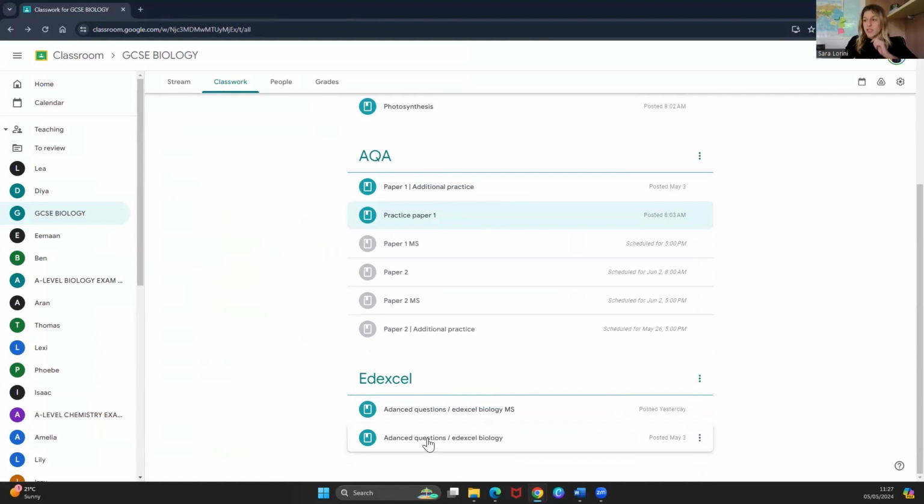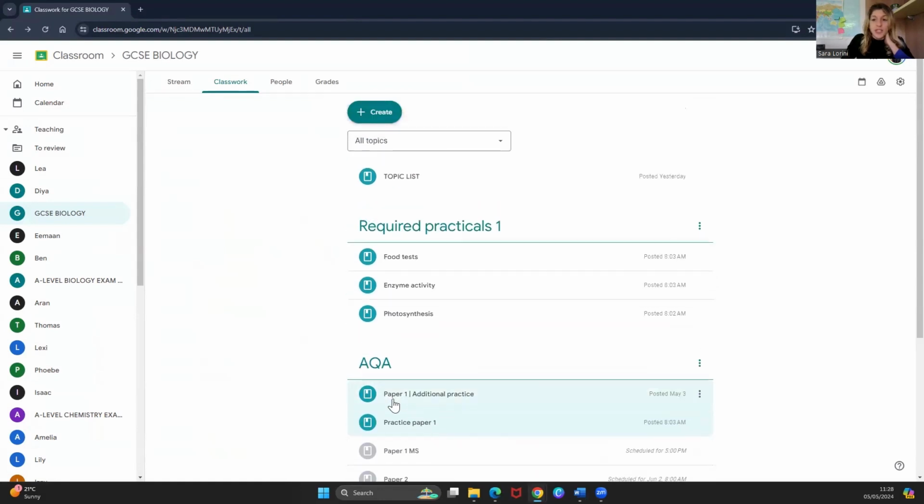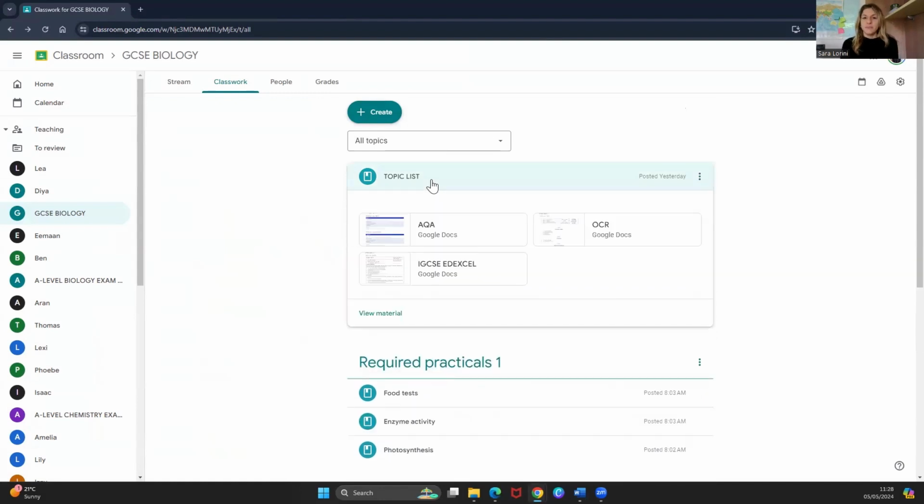There are some advanced questions just specifically for Edexcel because they're a bit different topics. This equates for everyone, so you can all try. Then make sure, before the Friday paper, you look at the topic list so that you've revised everything. The topic list of the practicals, so that you can apply the revision that we did today to the practicals as well.